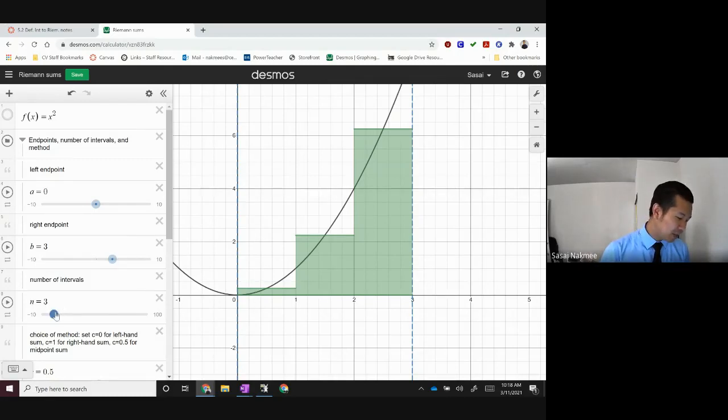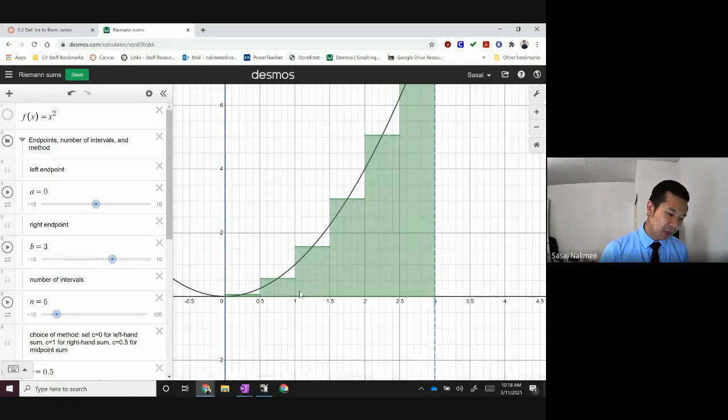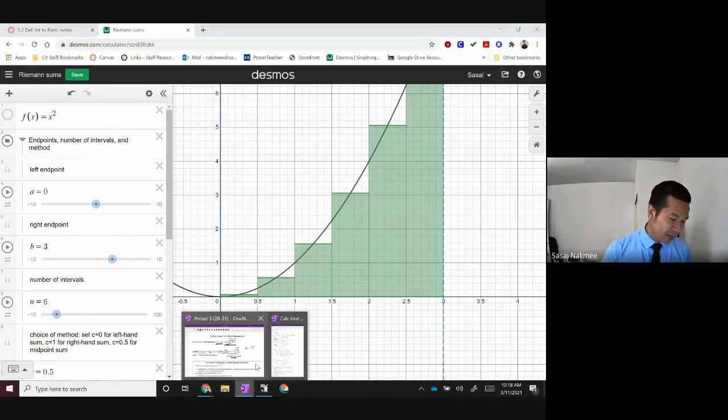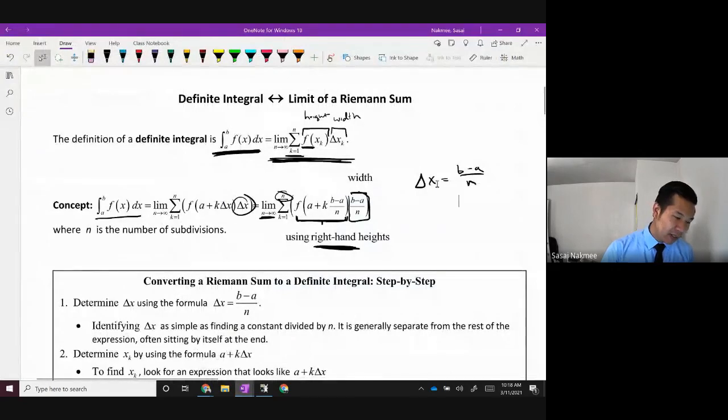If I increase the number of rectangles to 6, there's 6 rectangles now. 1, 2, 3, 4, 5, 6. The width of these rectangles is now 3 minus 0, which is 3, divided by 6, which is now 1/2. So the delta x is equal to 1/2. So as I increase my n, it decreases the width of each of these rectangles.